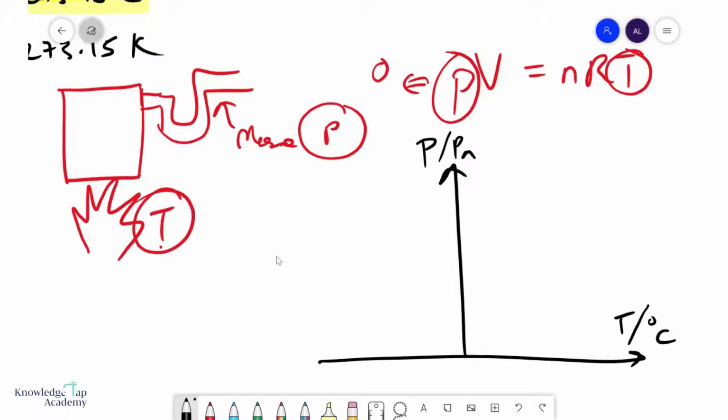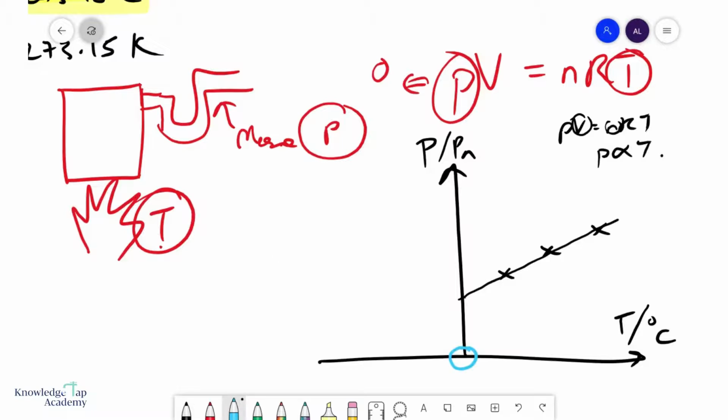So he varied the temperature, measured the pressure, and plotted some points on this graph, and he got something like this with the best fit line. He said, based on the ideal gas law, PV equals nRT, keeping V and n constant, P should have been directly proportional to T. And so he expected this line to cut the origin, but it did not.